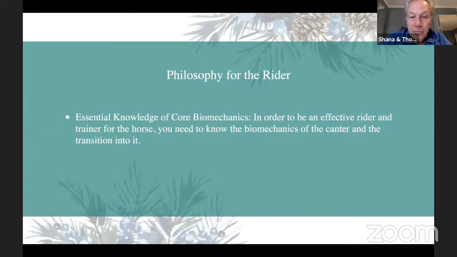And in terms of the rider, the rider needs some basic knowledge of biomechanics in order to be an effective rider and trainer. So you have to know something about the footfall sequence, and you have to know how to get the horse into the canter, that the outside hind lifts the horse into the canter, and so on.